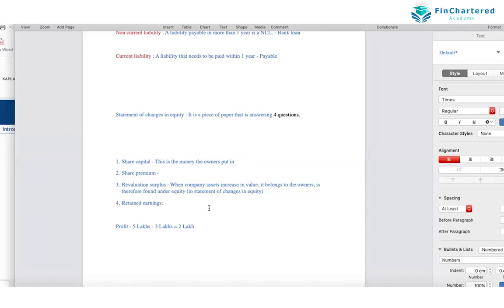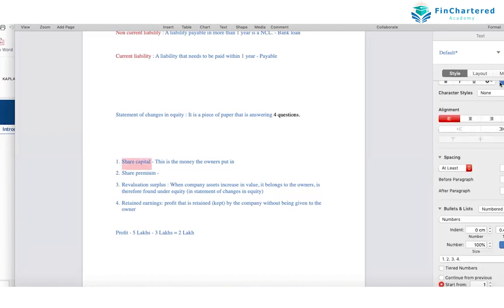This is basically what needs to be given to the owner. Profit that is retained or kept by the company without being given to the owner, because we want to invest. Actually, we need to give it to the owner. Therefore, it will fall under equity.